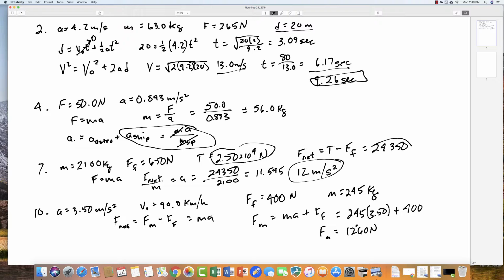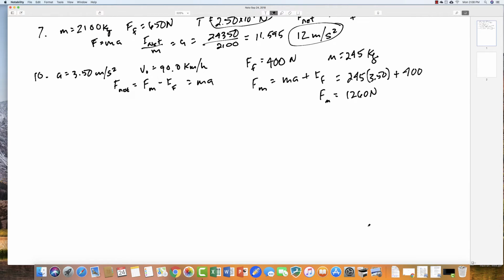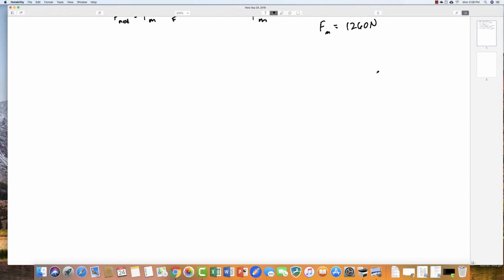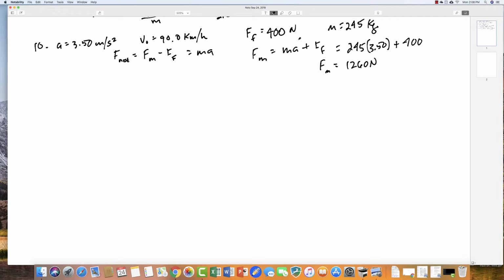The more you give, the more you're kind of out on a limb in terms of how precise an answer you can give. You could say 1,300 newtons here and probably be more correct in terms of significant figures than if you said 1,000. But if you say 1,000 because this is one significant figure, that would be reasonable.